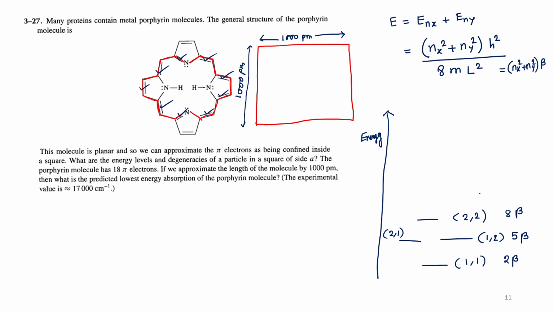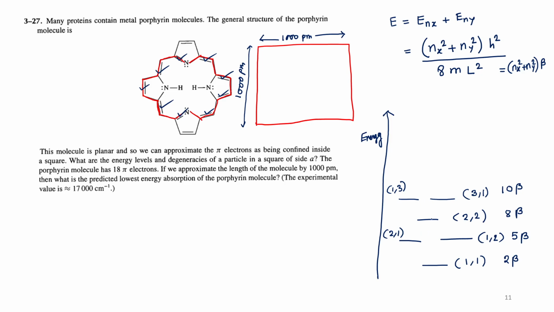What is the next state going to be? It is going to be 3 1 and 1 3, right? So 9 plus 1, that is 10 beta.